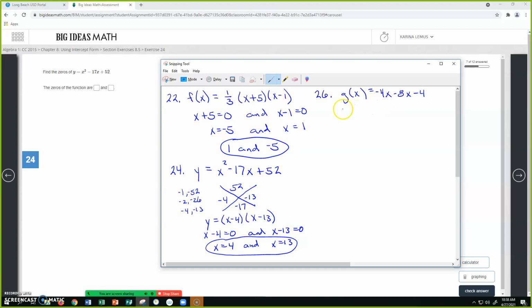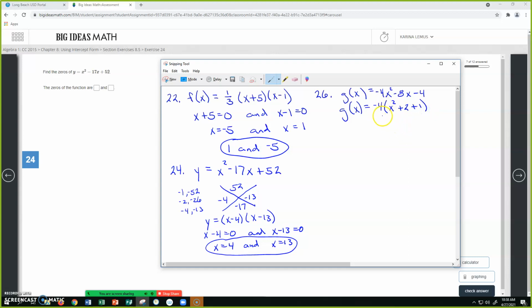This is kind of like the one that I did in the example in the notes before, because I can factor out a GCF. Negative 4 goes into all of those. And I forgot a little 2 right there. So negative 4 gets divided out. So I end up with x squared, and then I'd have a plus 2x and a plus 1.